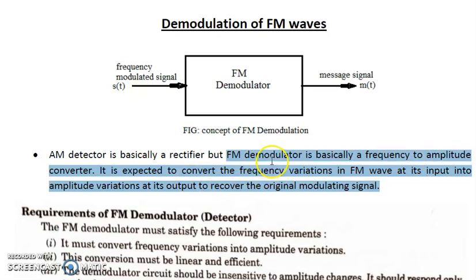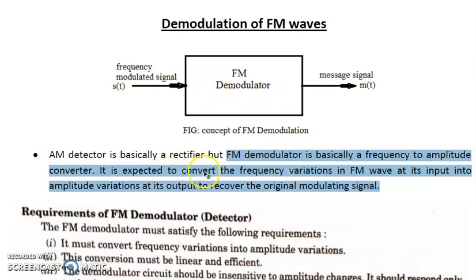It receives the varying frequency in the modulated wave, and that variation of frequency is converted into the amplitude variation in the message signal. That is the output of the demodulator. The output of the demodulator is a message signal which has amplitude variations according to the variations of frequency in the frequency modulated signal which is input to the FM demodulator.